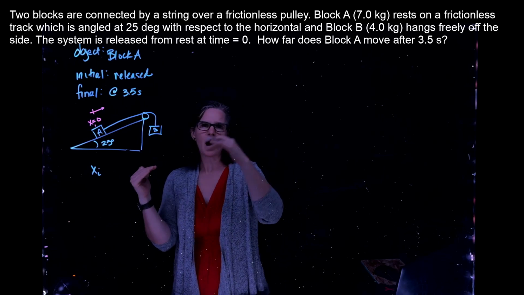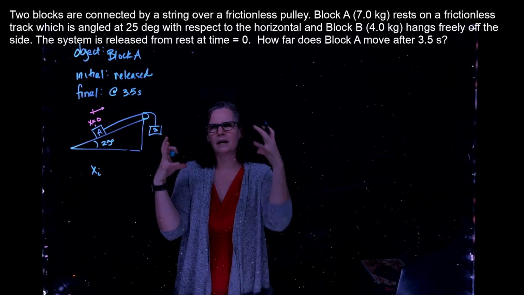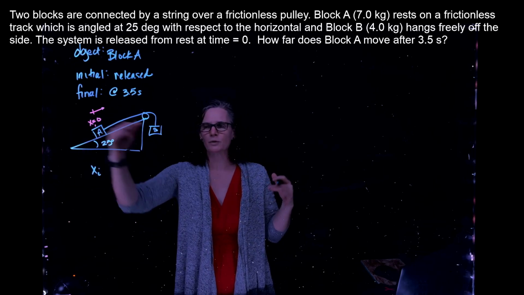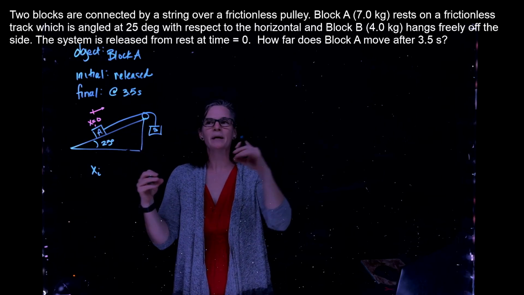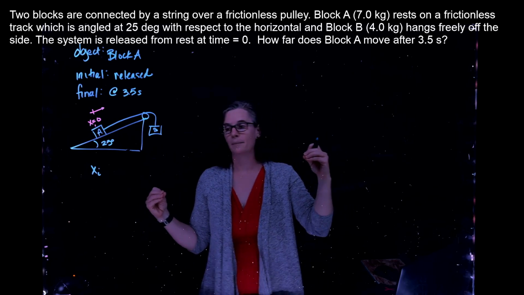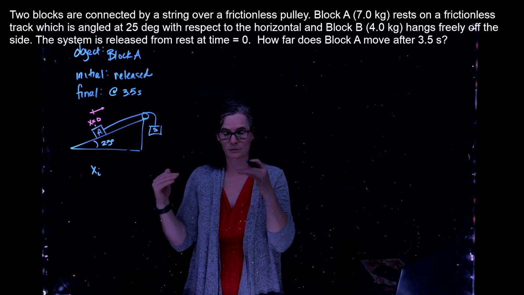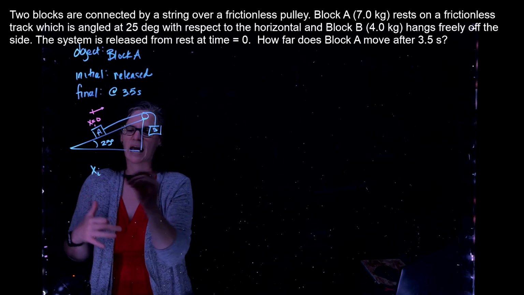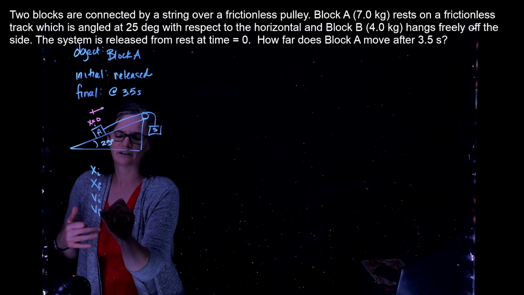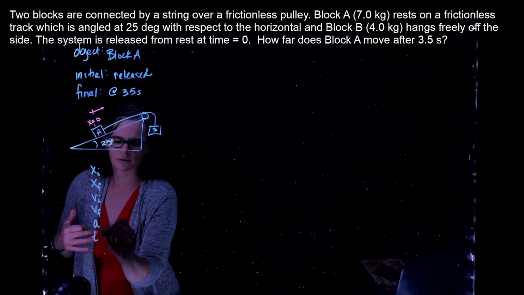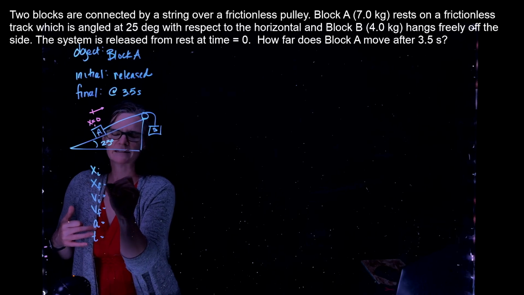It is moving up and to the right, but if I orient my coordinate system up and down the ramp, like I drew with this pink arrow, this is 1-dimensional motion along the ramp. And so I only need my one list, and we're going to call that position X. So I have initial and final positions, initial and final velocities, acceleration, and time.